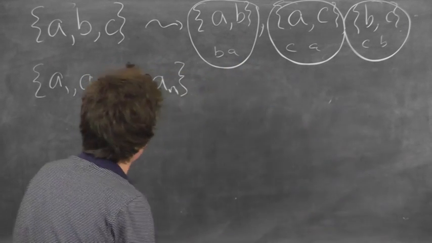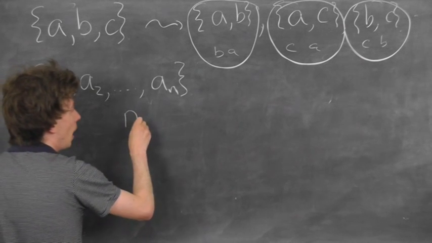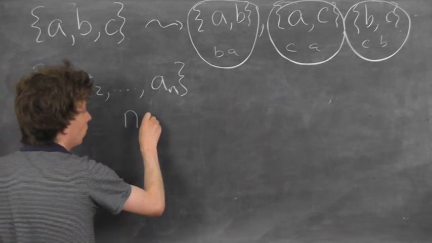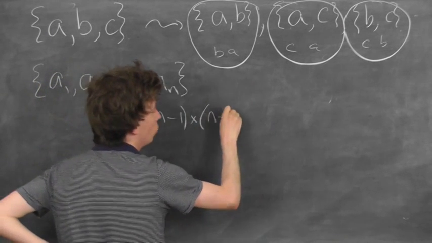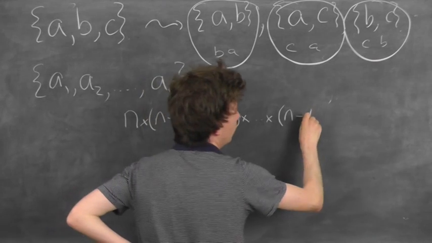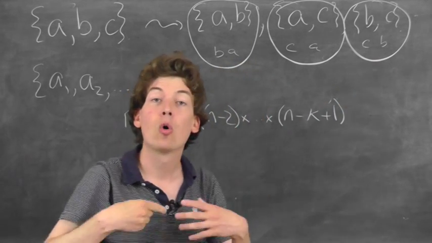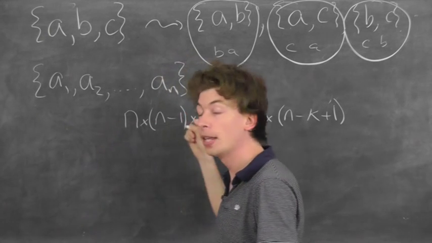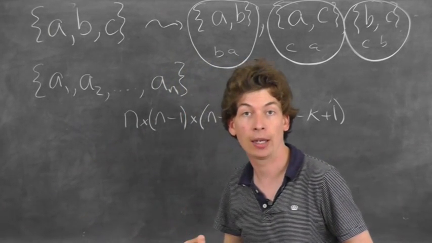So what does that mean? Well, it means that we've got n by n minus 1 by n minus 2 all the way down to n minus k plus 1. So we know this is the number of orderings of k elements from n objects.